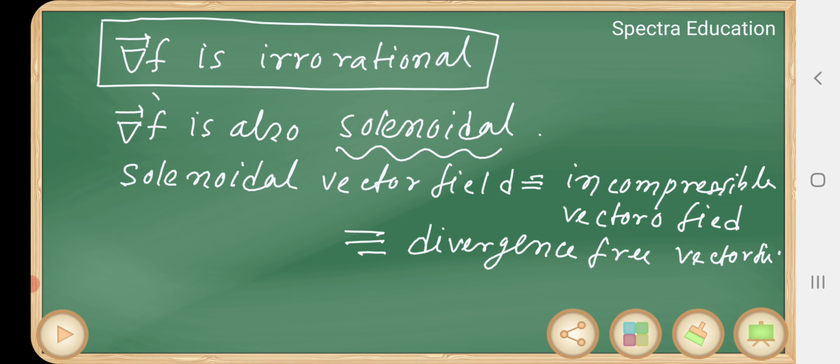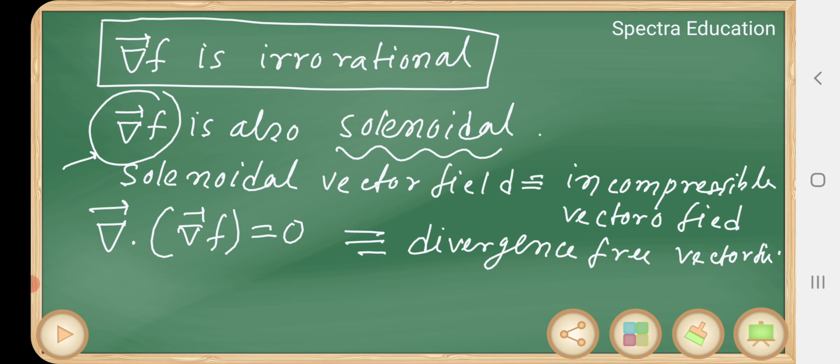That means a vector field, here it is gradient of f, must be solenoidal if the divergence of that vector field is 0.